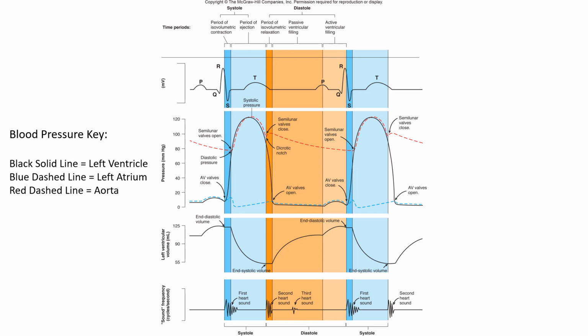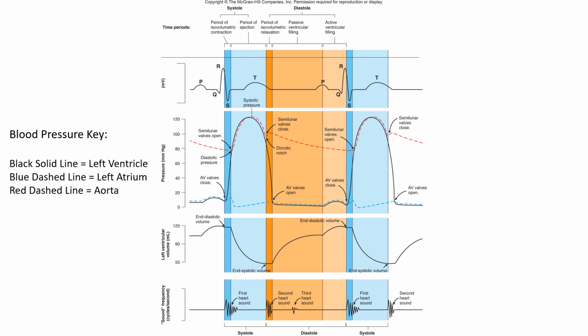Atrial repolarization or relaxation occurs during the QRS, which is showing ventricular depolarization, and ventricular contraction will occur quickly after. The QRS masks the atrial repolarization, so you don't ever see that. And then the T wave is ventricular repolarization. So you'll see the relaxation follow the T wave.